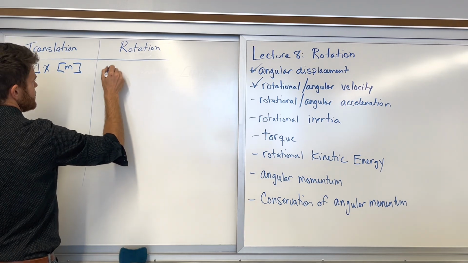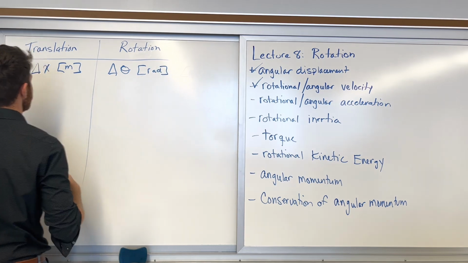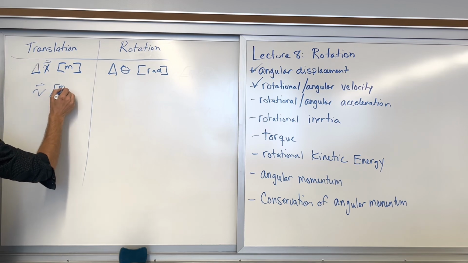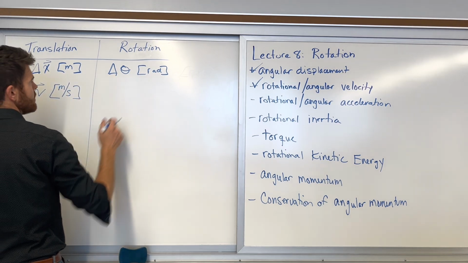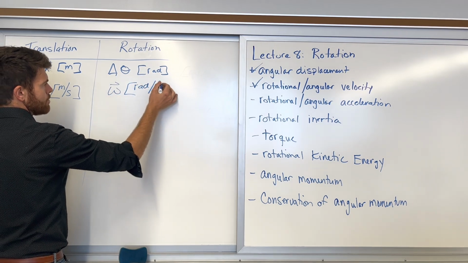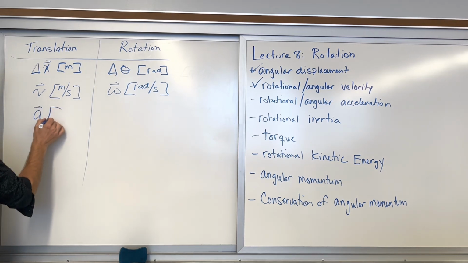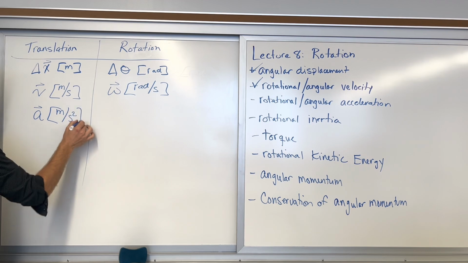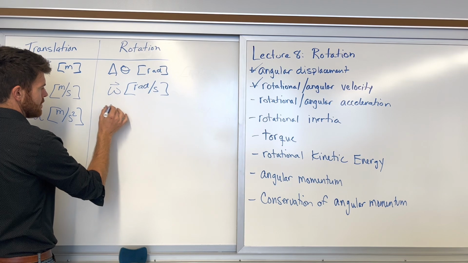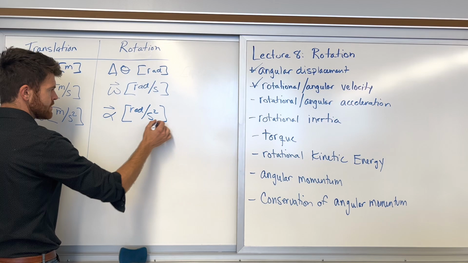For displacement in rotation, we have delta theta measured in radians. For velocity, a vector, we have v measured in meters per second. For angular velocity, we have omega measured in radians per second. And for translational acceleration, a measured in meters per second squared. In rotation, we have angular acceleration measured in units of radians per second squared.